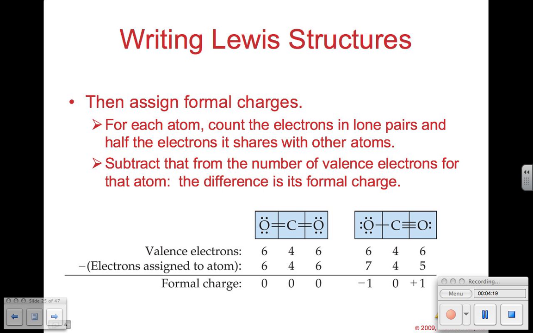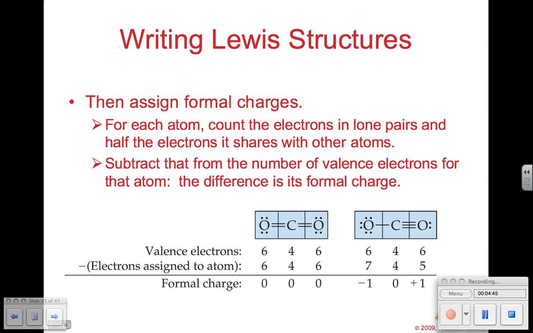So for example, we've got the carbon dioxide Lewis structure in 2 versions. One where you have 2 double bonds on the carbon, and one where you have a triple and a single. Both ways follow the octet, and so by doing the formal charges, we can get a better idea of which one is the most likely structure.